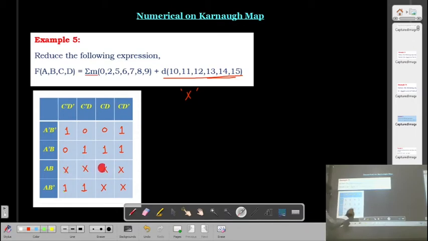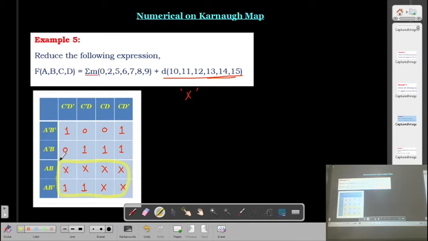So if I consider all the crosses as a high level, then I can mark this as an octet. Remember, you can mark this as an octet. So this will be my octet, correct? So this is the advantage of using a don't care condition.